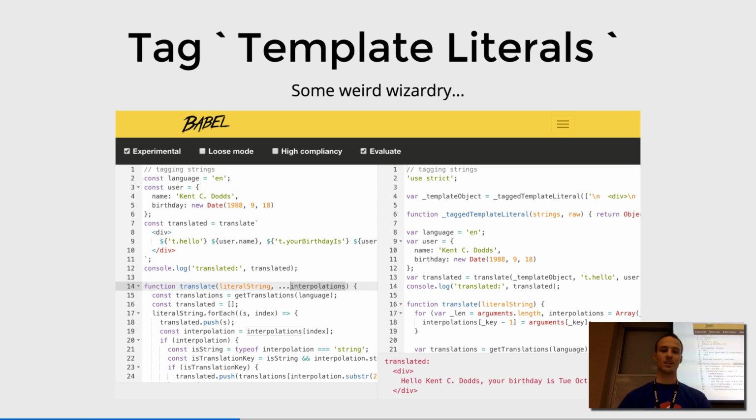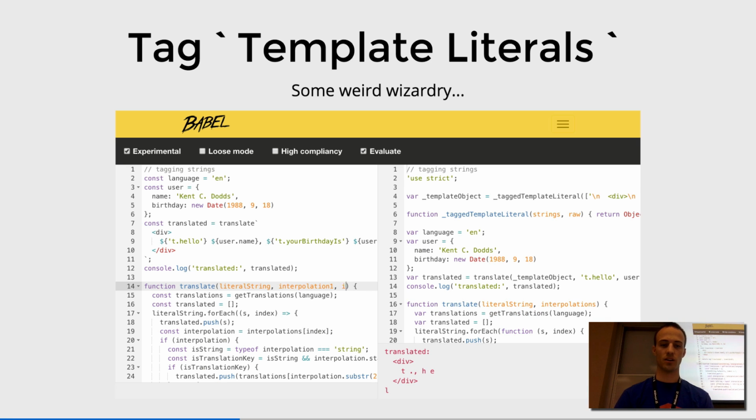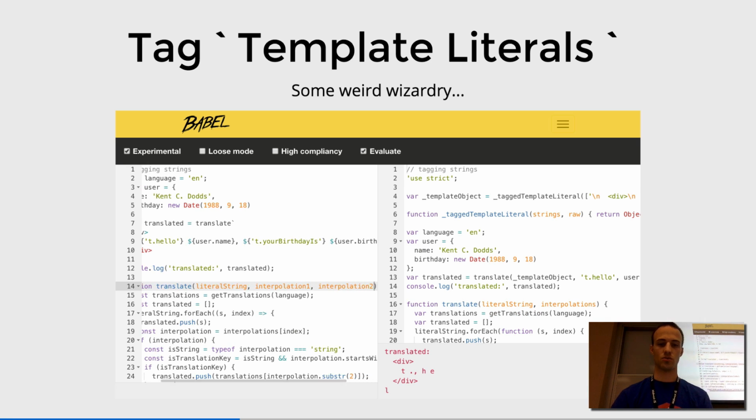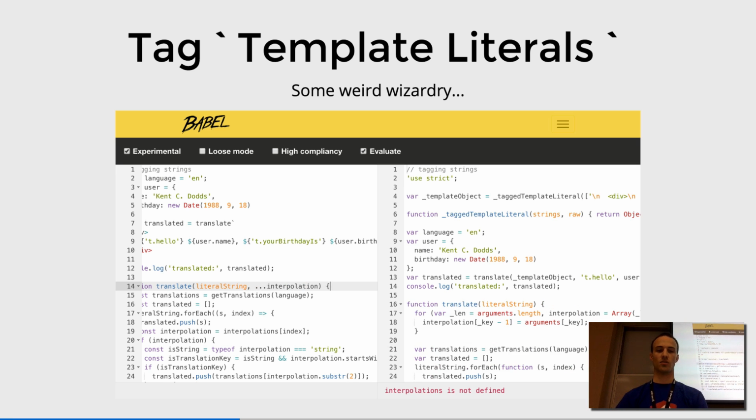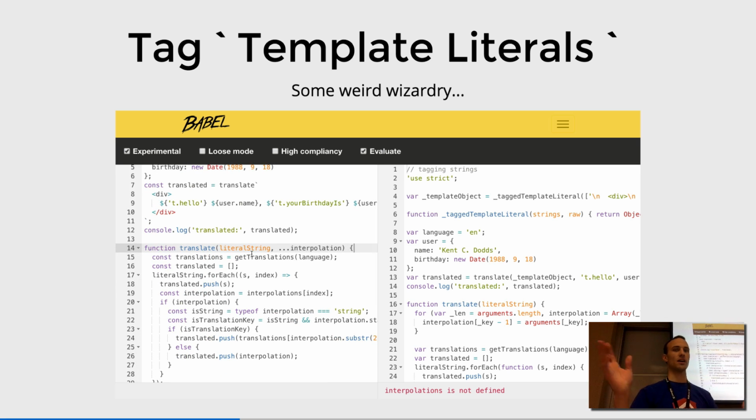Sorry, this is called the rest operator. It's available in Java if anybody used Java before, so it should be familiar. And I'm sure it's available in other languages. JavaScript's just catching up. But basically, all that you have is interpolation 1, interpolation 2, yada yada yada. That's really annoying, and so we just do rest. Yeah, sorry, it's rest, not spread. And then you get the rest.